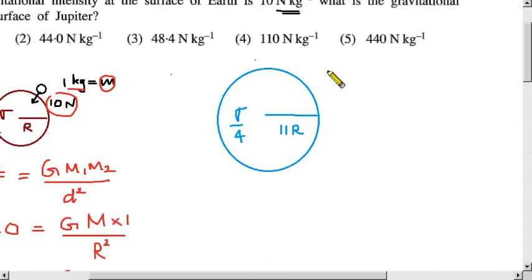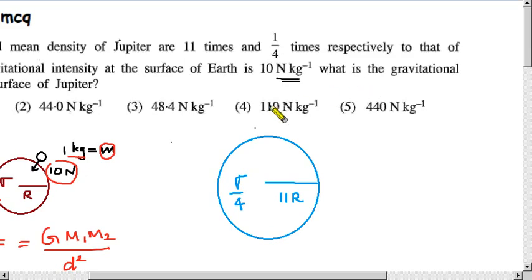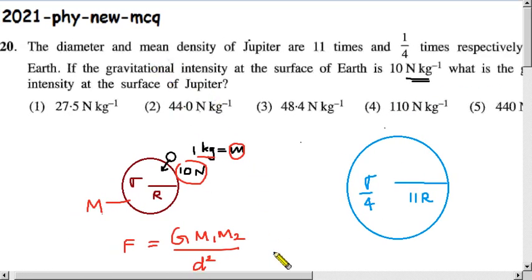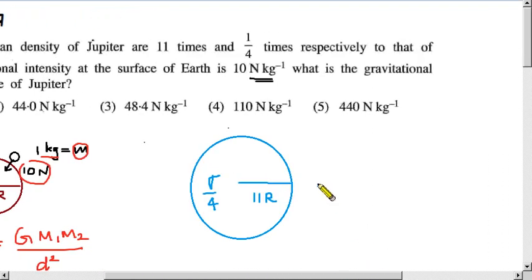Now let us consider this one. Here what they ask is the gravitational intensity at the surface of Jupiter. So here if we place a mass of 1 kilogram, the force acting on this 1 kilogram is called simply g.